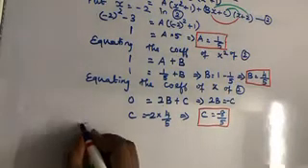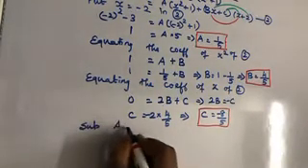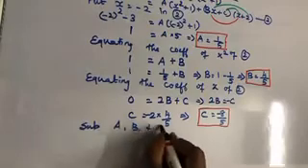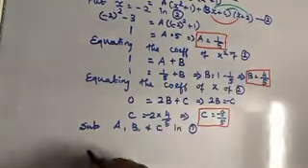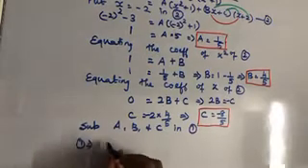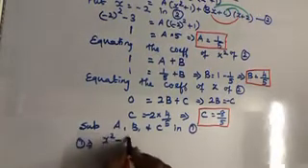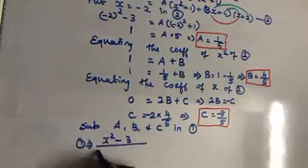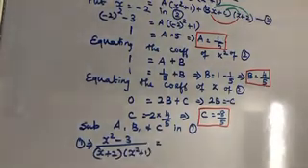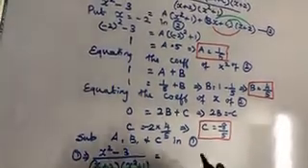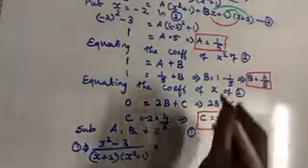Okay, now substitute a, b and c in our equation 1. So equation 1 becomes (x square minus 3) divided by (x plus 2) into (x square plus 1) is equal to a. A is 1 by 5.